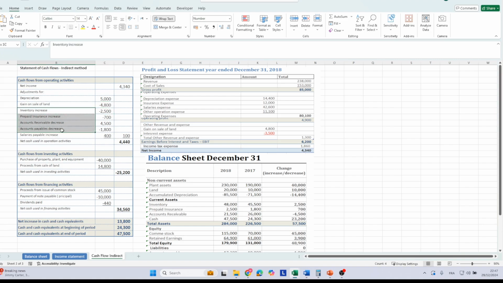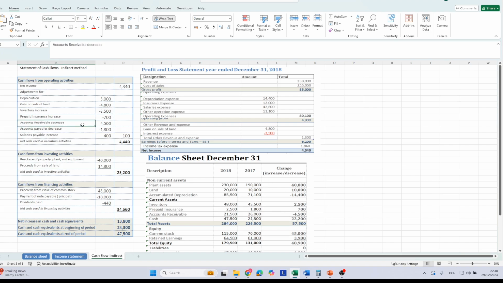Then we move to the changes in balance sheet accounts. There is an inventory increase of 2,005. We said before that for an asset account, when there is an increase, we need to subtract it. Prepaid insurance increases, so we subtract this value, 700.